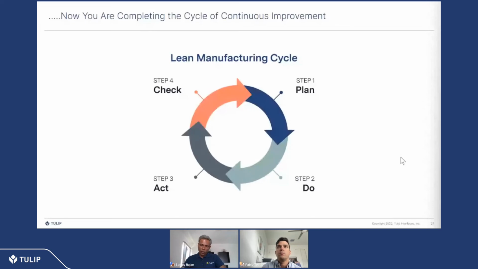Am I ahead? Am I not? What part of this is taking more time? Which part is taking less time? So there are many plan, do, act, check cycles at the workforce level too. The biggest difference is that it's based on the human interacting with the process.